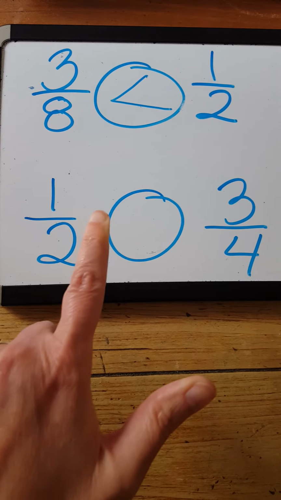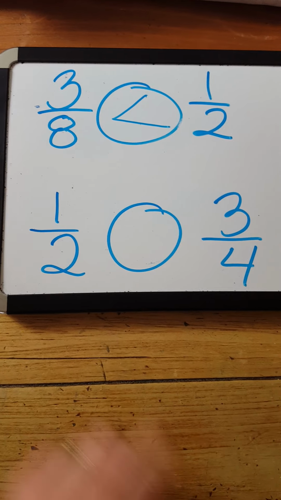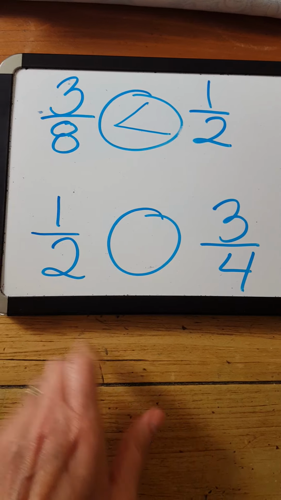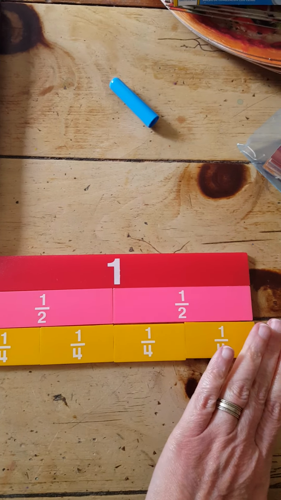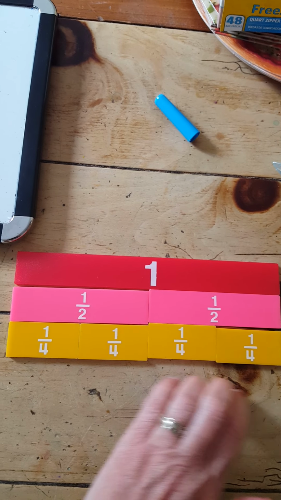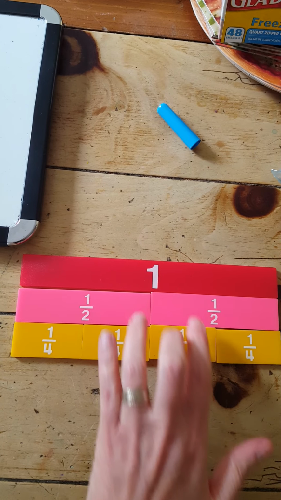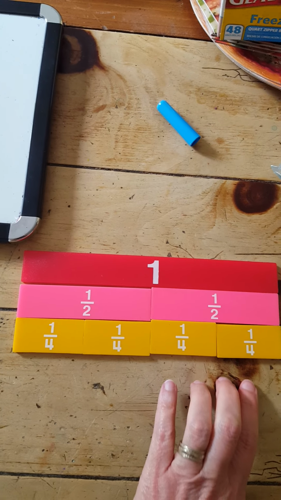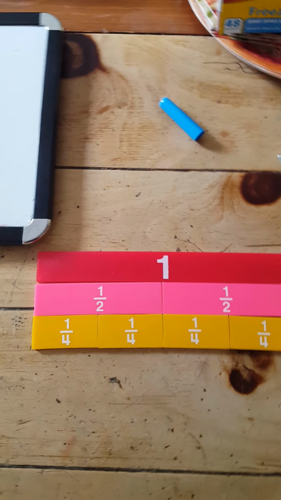Okay, so first things first, the numerators are different. So that means we can't just look at the denominator. So let's take a look. Okay, so right now it's all set up equally. We have 1 is equal to 2 halves here, and we have 4 fourths, right? It's all equivalent, all equal, same space.